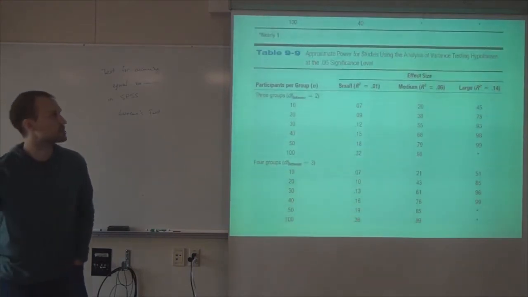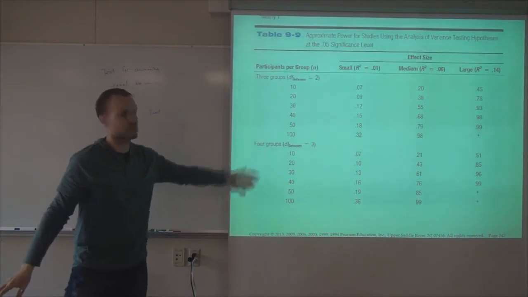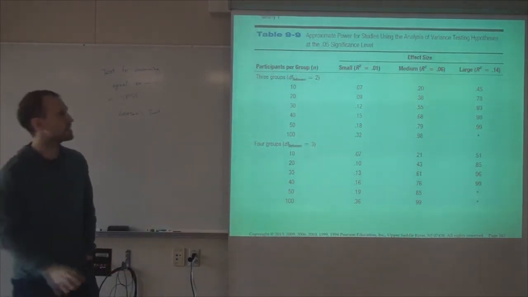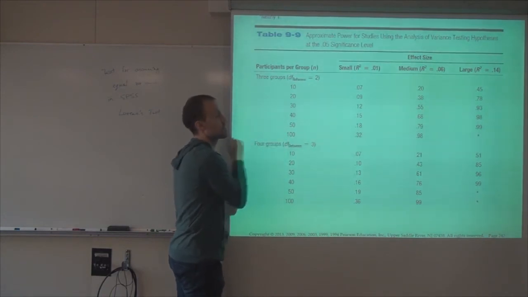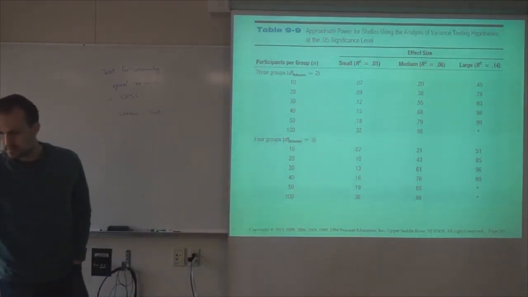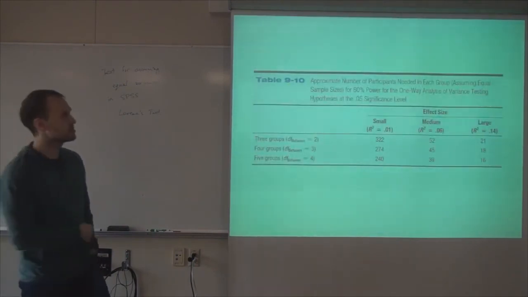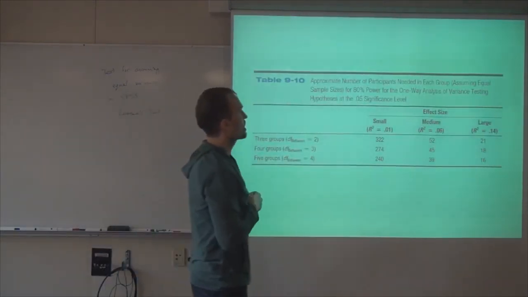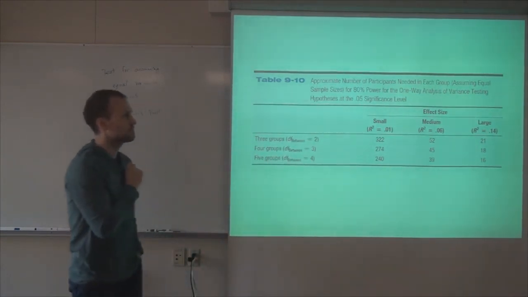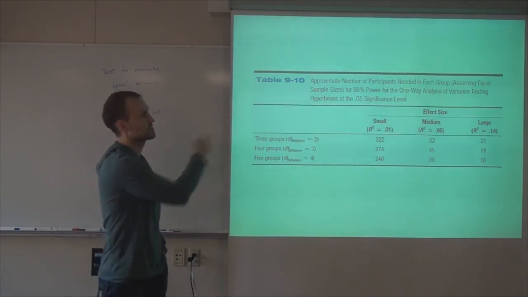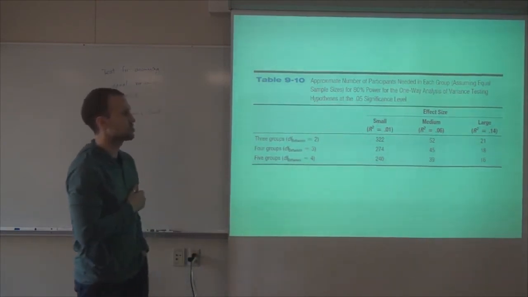Another table that we can use that I find sometimes, so this is just different groups, 3 groups, 4 groups, and the sample size that I assume to be equal for all of them. 3, 4, 5, those are the common ones. And I can also use this table, which looks at it a different way to get an 80% power in different effect size and number of groups situations.